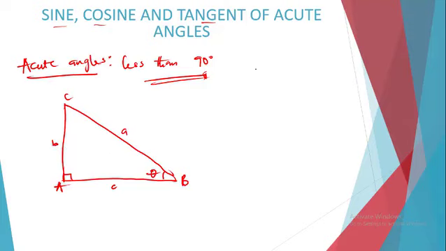Generally, when we talk about trigonometry, we talk of sine theta, cos theta and tan theta. There's an acronym we use in determining the sides of all these angles, and that is SOHCAHTOA.